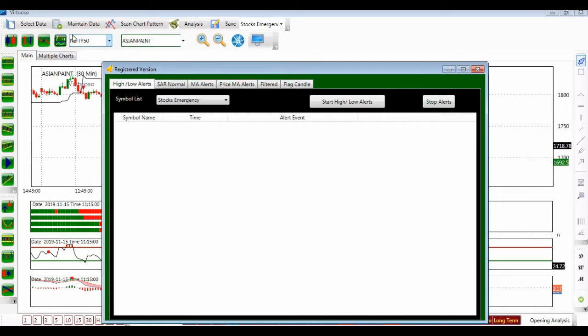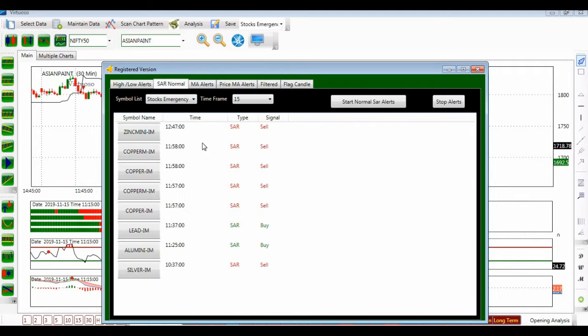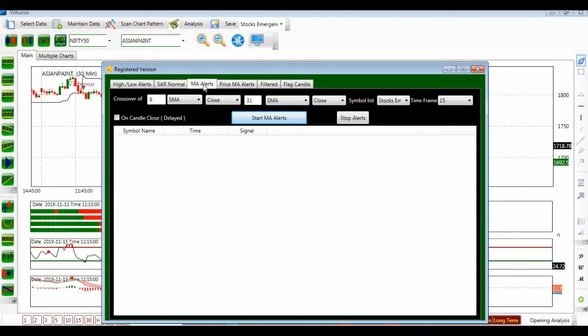So what happens is, you have selected 50 stocks of Nifty and you cannot keep an eye on these 50 stocks together. So what you can do is put high-low alerts, or SAR, or the RSI indicator, which I am going to explain, or a moving average alert.